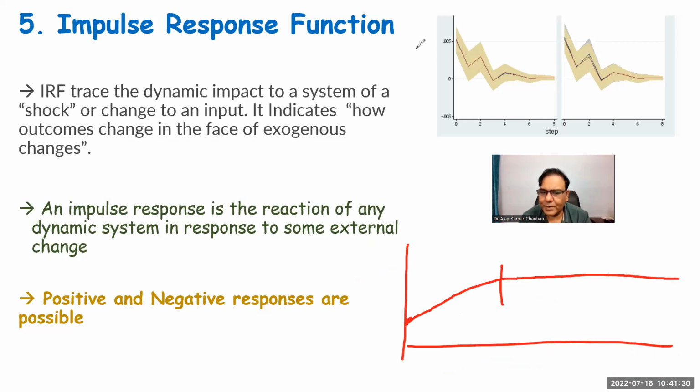This time period is the period when the Y variable responds to the unexpected shock in another market, and after this lag it dies. So this is the time period of the response of one market to another market.